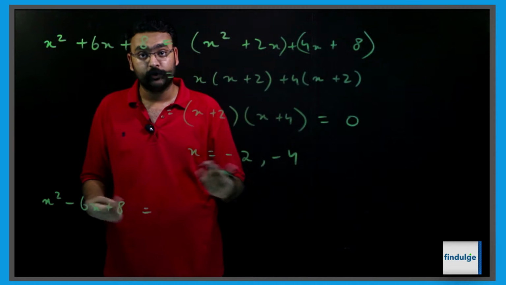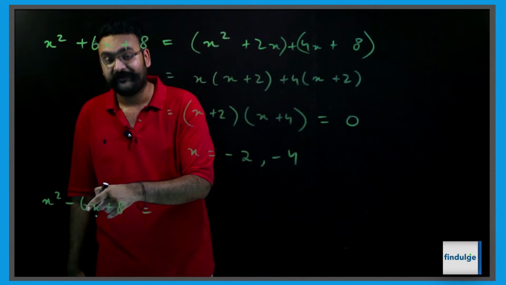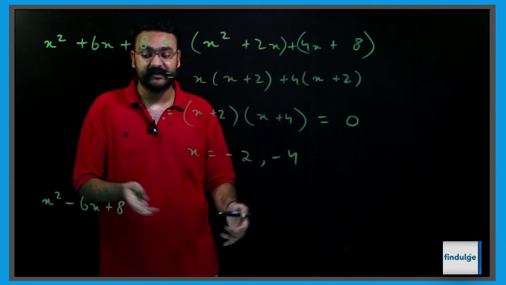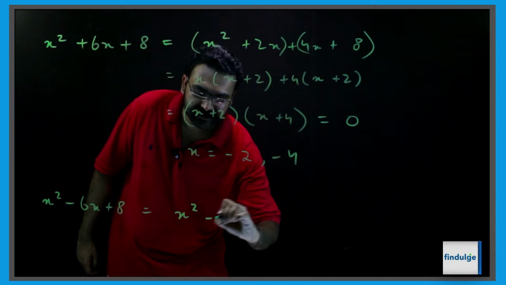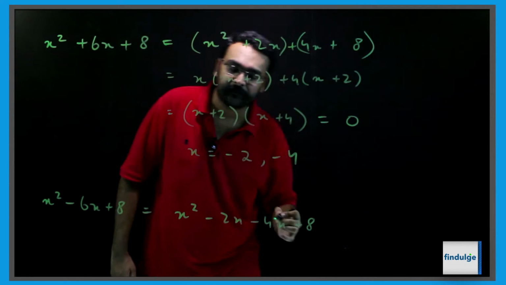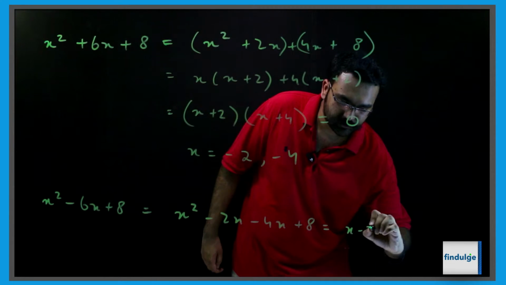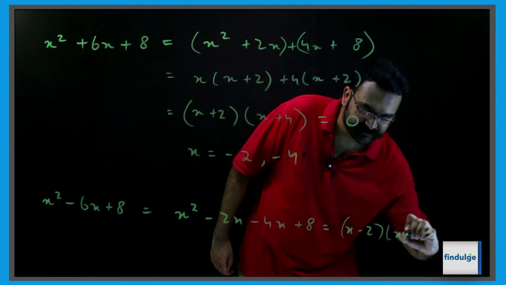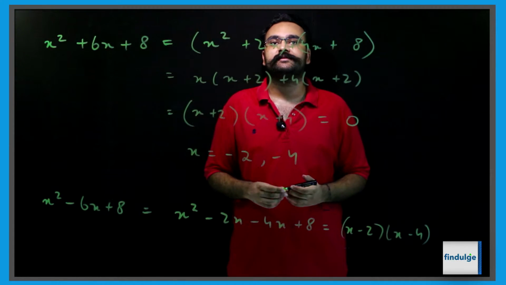Minus 2 into minus 4 is also equal to 8. So in fact, we can see minus 2 plus minus 4 is minus 6. So clearly this would become x square minus 2x minus 4x plus 8, which will simply become x minus 2 into x minus 4 when you proceed in the same way as this.